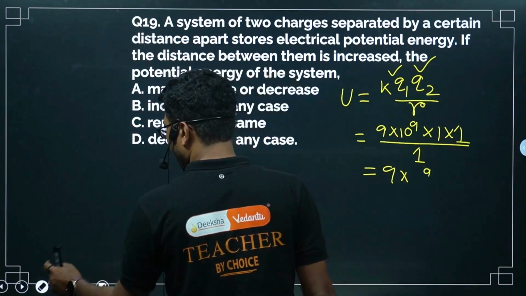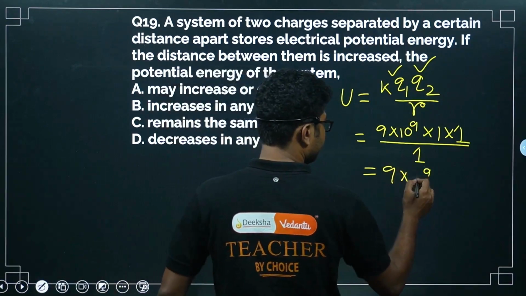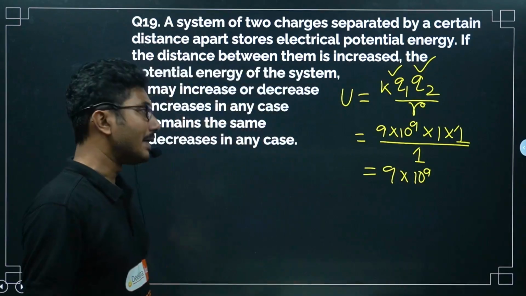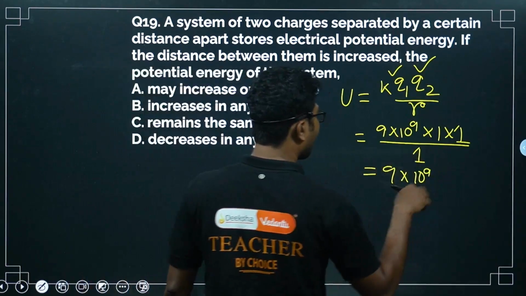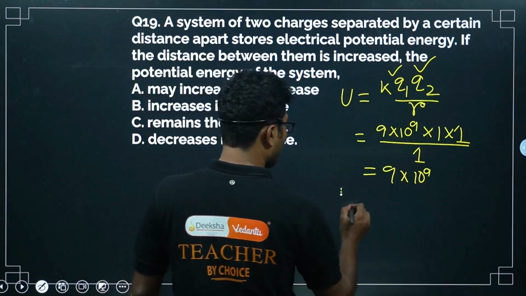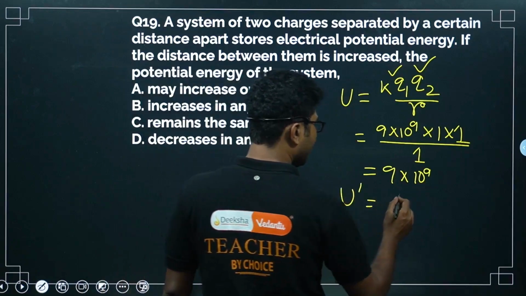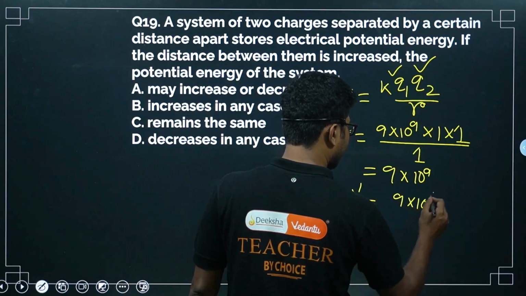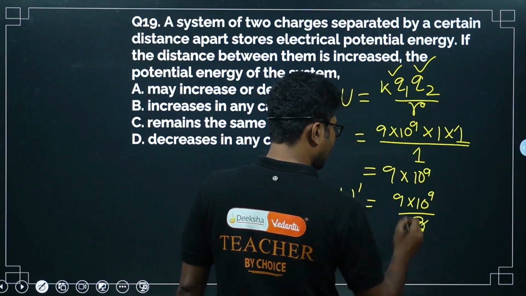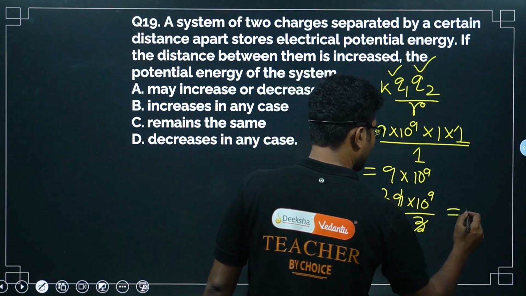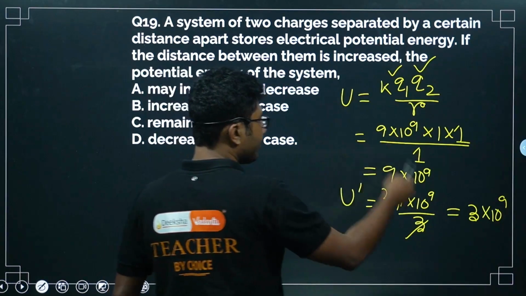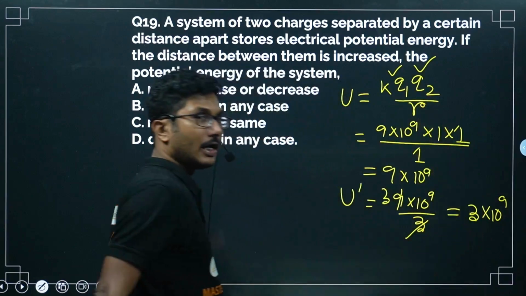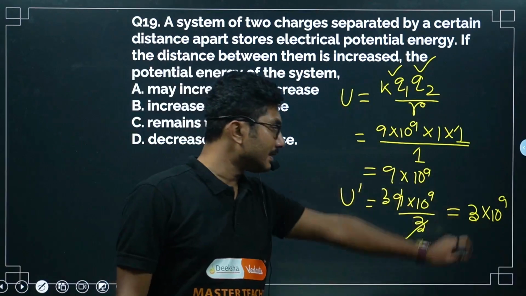Now if I increase the distance to 3 meter, it will be 9 times 10 to the power of 9 divided by 3, so it will be 3 times 10 to the power of 9. So the potential energy is decreasing here, right?